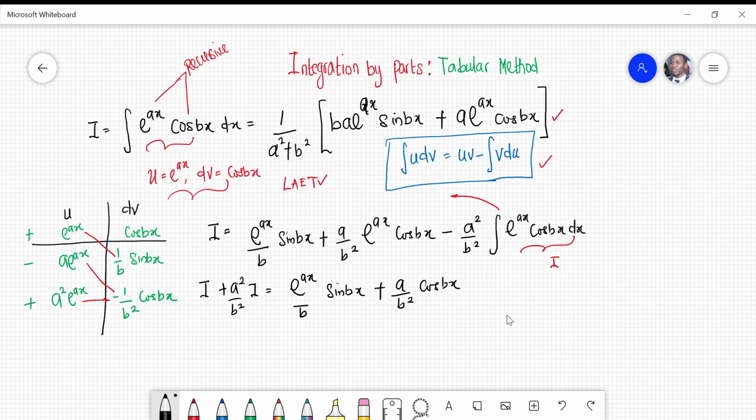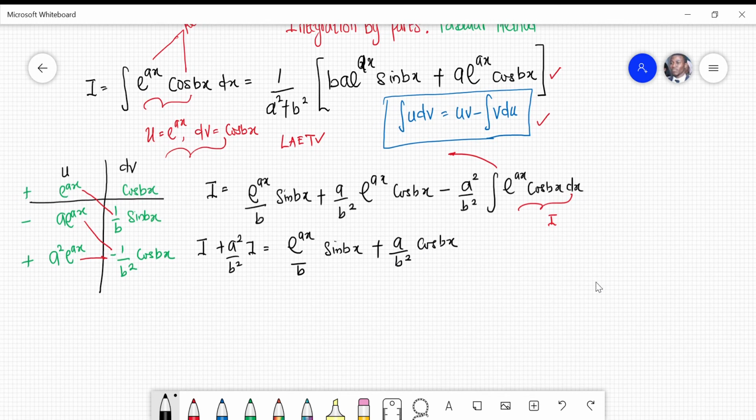We're going to have that. So you can just take the LCM of this. With that, we're going to have a squared plus b squared over b squared.